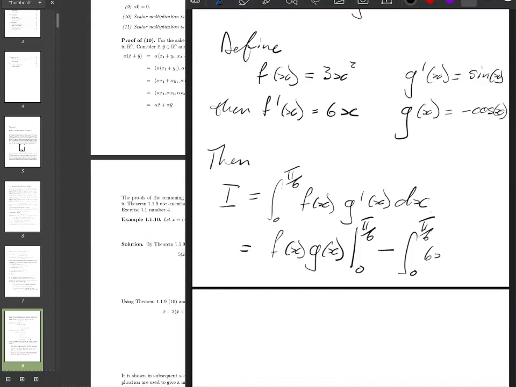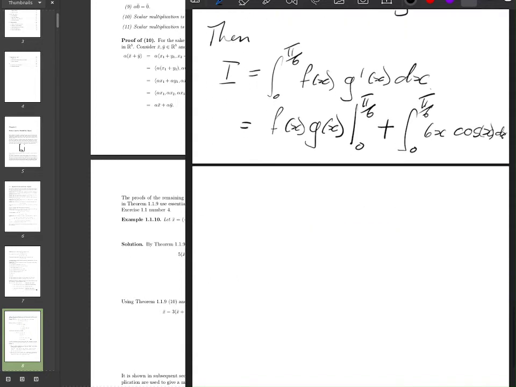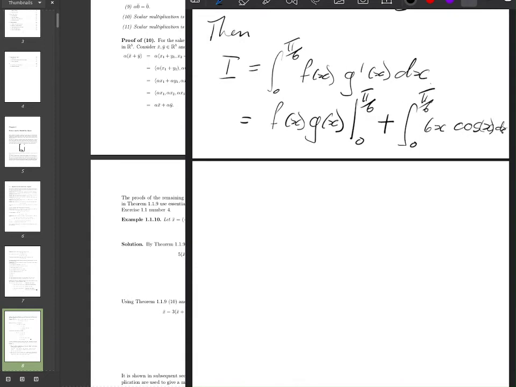So this becomes 6x minus cosine x dx. And this minus, I'm going to use that to make this sign in front a plus.